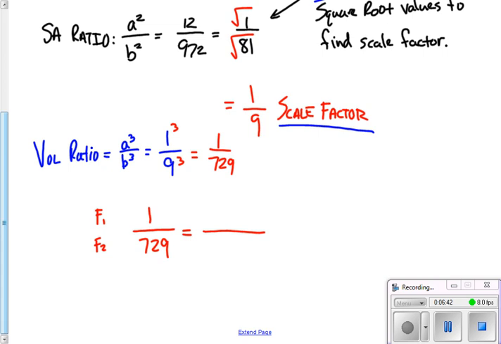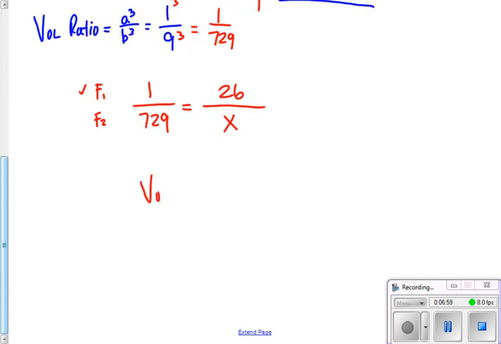And we know that the volume of figure 1 is 26. So 26 for figure 1. Unknown is figure 2, x. Cross multiply and divide, and we find out the volume of figure 2 is 18,954 miles cubed.